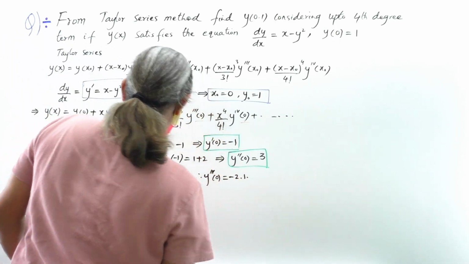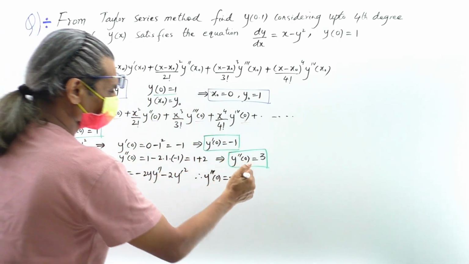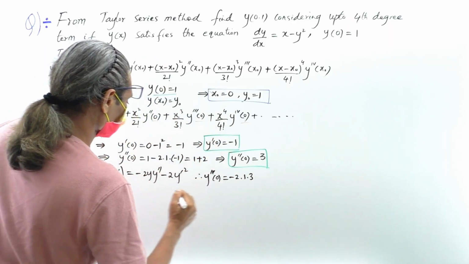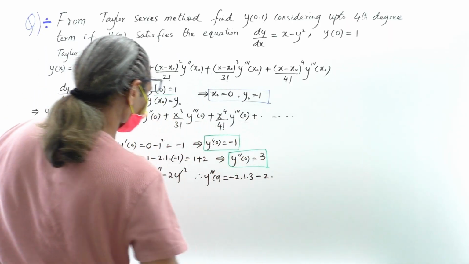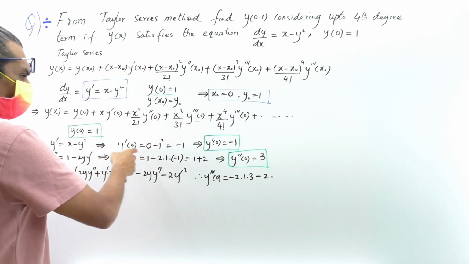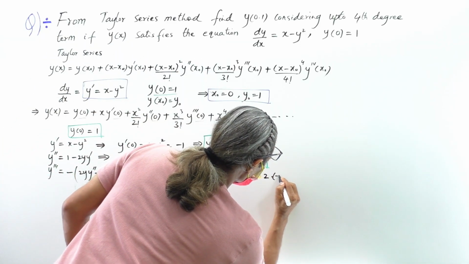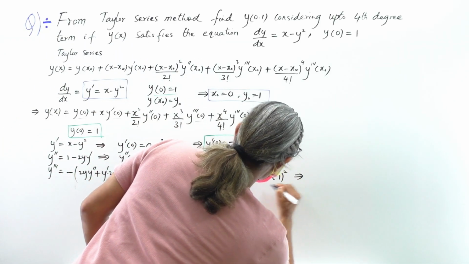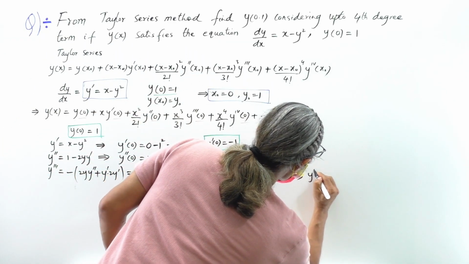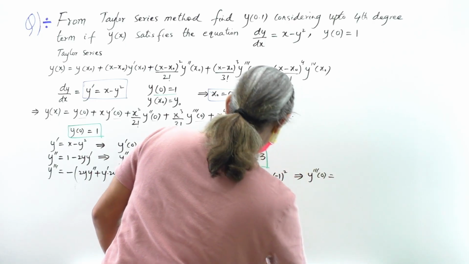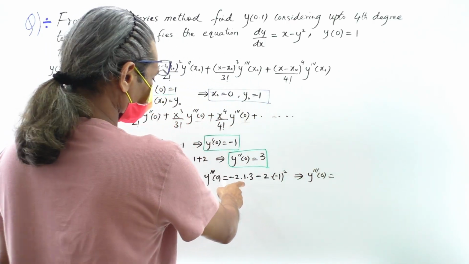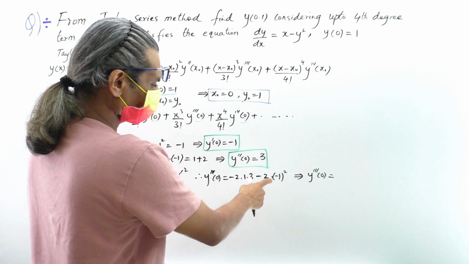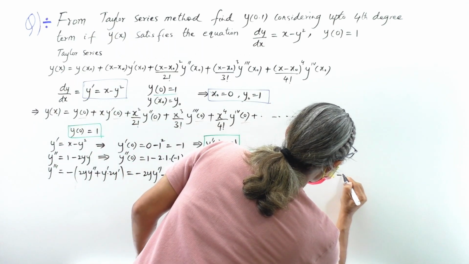So 1 into y double dash, which is 3, minus 2 into y dash square, where y dash is minus 1, so it is minus 1 the whole square. That implies we can write y triple dash of 0 is equal to minus 6 minus 2, it's minus 8.